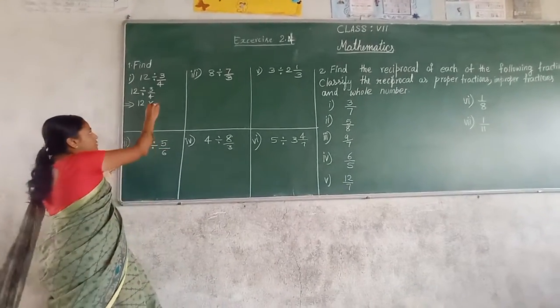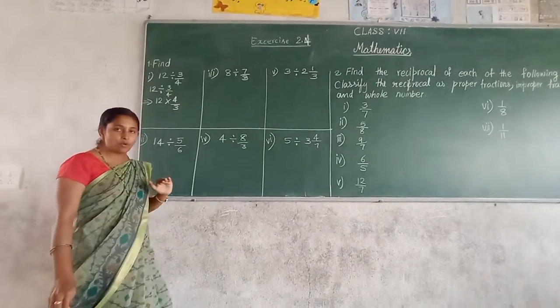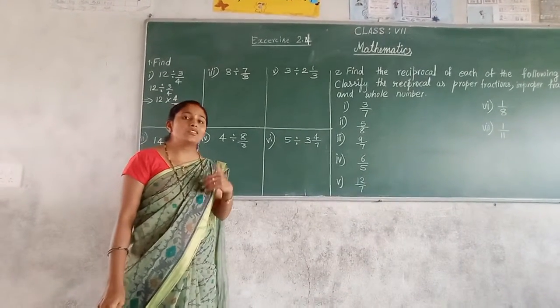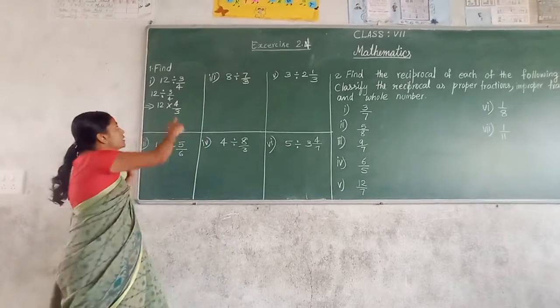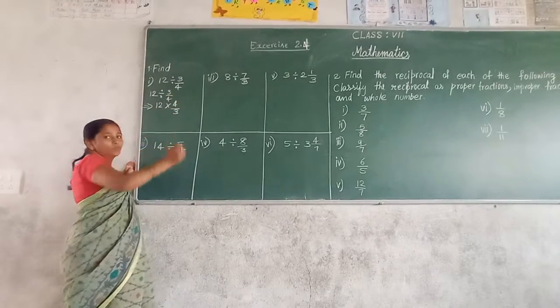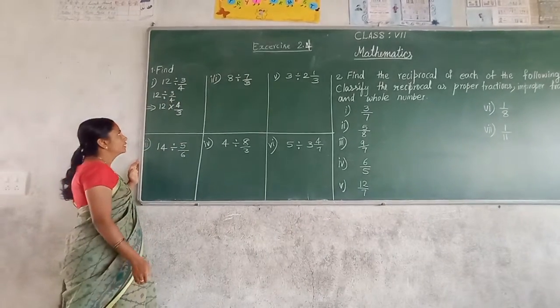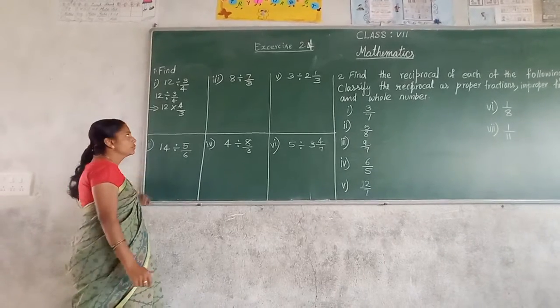What do you mean by reciprocal? Reciprocal means it is vice versa. The numerator becomes the denominator, and the denominator becomes the numerator. Now we have replaced it with the multiplication symbol.